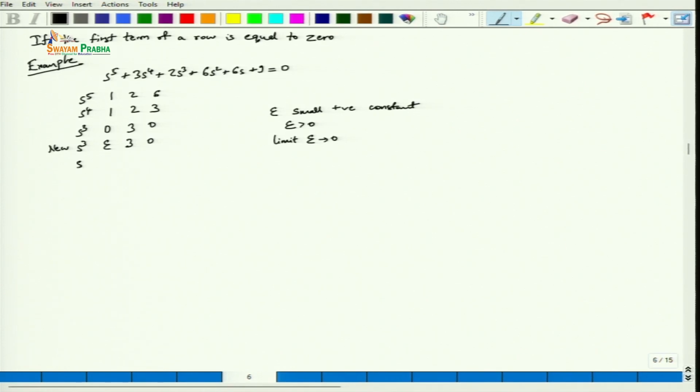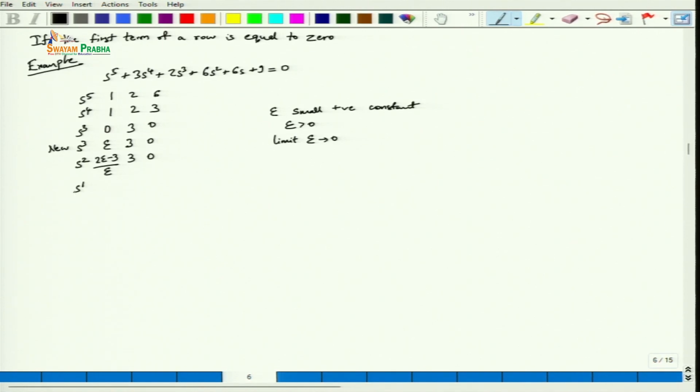So based on this we can get s square as basically 2 epsilon minus 3 divided by epsilon, here we have 3 and 0.